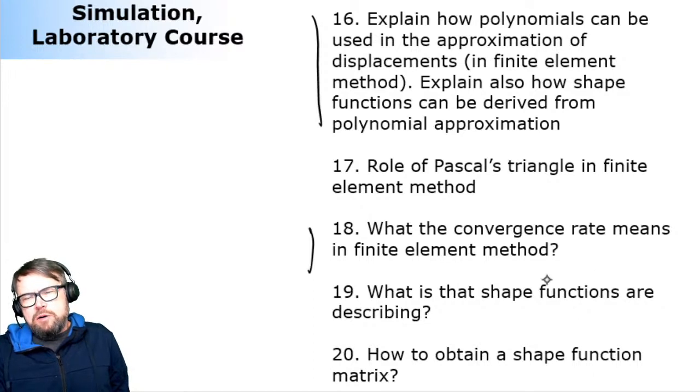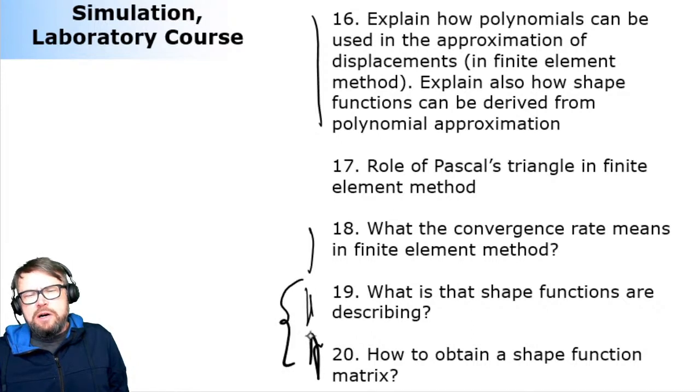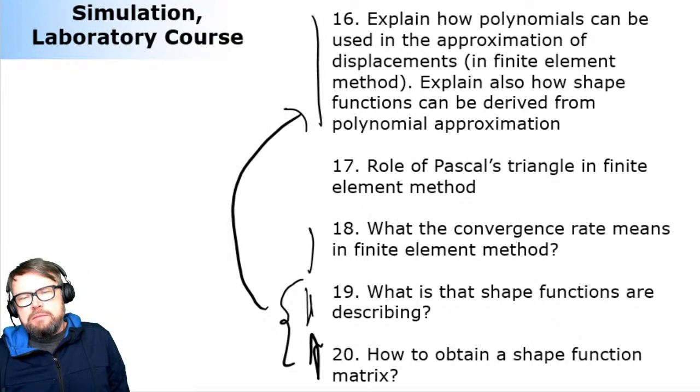And that is, what is a convergence rate? What does the convergence rate mean in the finite element method? And then what the shape functions are describing, a little bit of physical interpretation about shape functions and how to obtain them. You know that these two are heavily related to question number 16. So those are the possible questions.